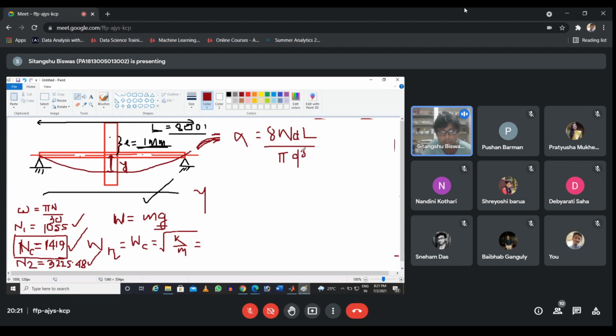I don't know whether I am correct or wrong, but it should be something like this. And your y D is equal to W D L cube by 48 E I. Okay.